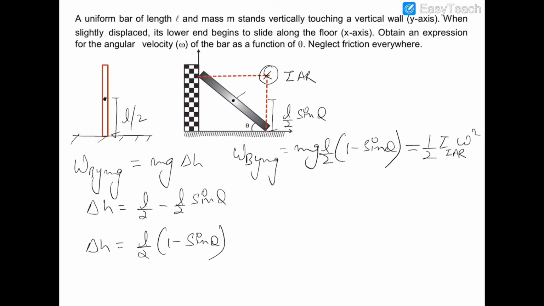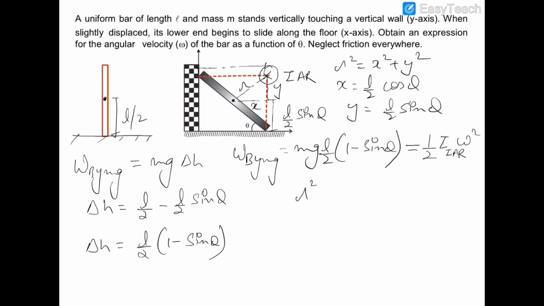Now if this distance is r, and this is x and this is y, then r square will be equal to x square plus y square, where x will be L by 2 cos theta, and y will be L by 2 sin theta.